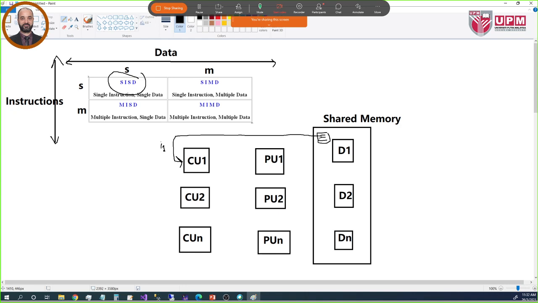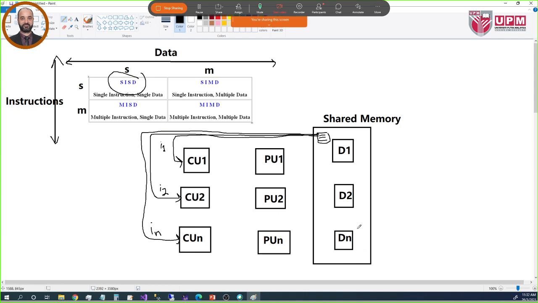Sorry, we cannot use a line like that. From the same program here, we can take I number 2, and from the same program we can take I number n.